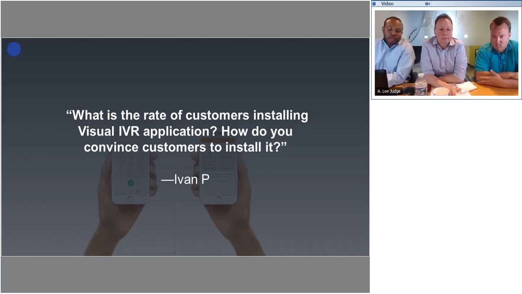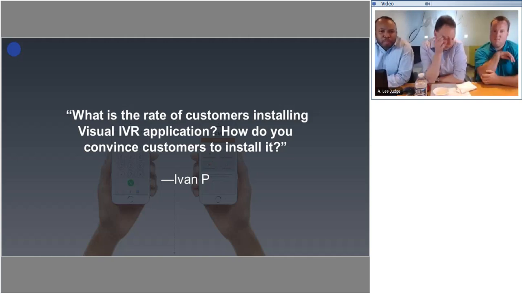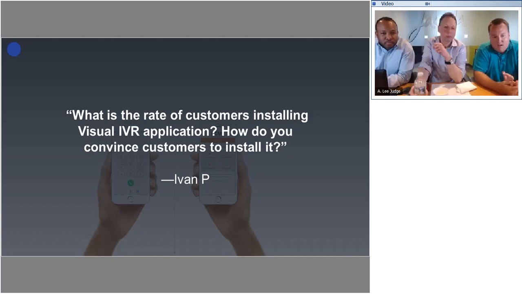Okay. And this next question we've touched on a little bit, but it's definitely worth revisiting. It's a very important part. What is the rate of customers installing the Visual IVR application? How do you convince customers to install it? Yeah, and honestly, this is a common misconception. A lot of people do look at Visual IVR as another application, another app that the customer has to download.